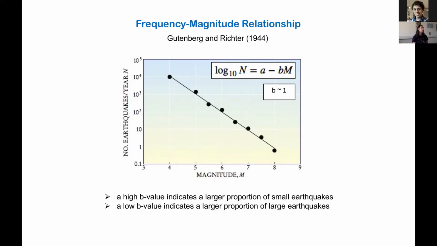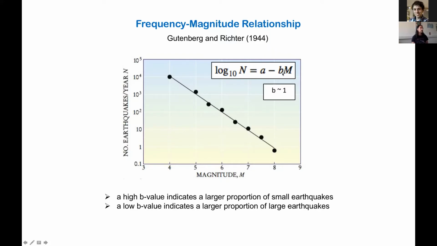It's an empirical relation by which, if you plot for any given region and for enough earthquakes the cumulative distribution of magnitudes in a semi-logarithmic plot, you will observe an exponential distribution of these magnitudes, which is represented here by this straight line. So the b-value comes from the slope of the equation of this straight line.